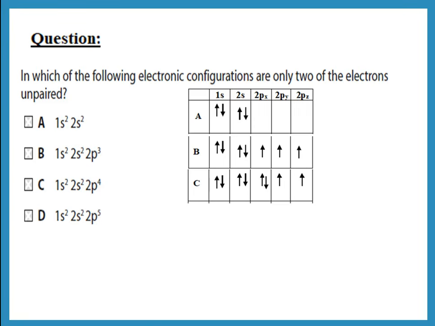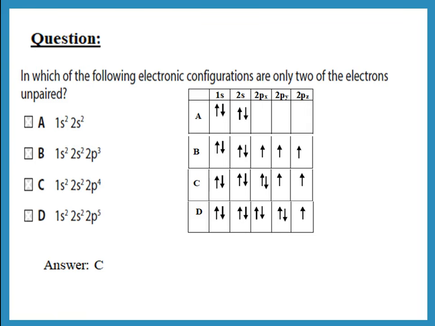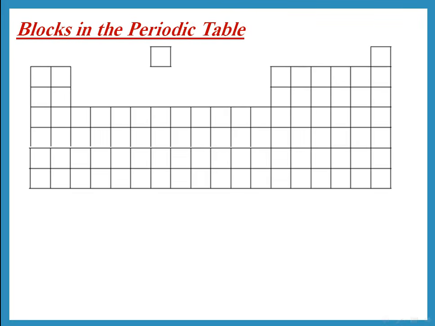Here, this is where I have 2 unpaired electrons, because I put 1s2, 2s2, and then the 2p4: we have 3 p orbitals, 1, 1, 1 into each, and I still have a fourth one that I need to use to pair the px, and that means I have 2 unpaired electrons. D has only 1 unpaired electron, so the answer is C.